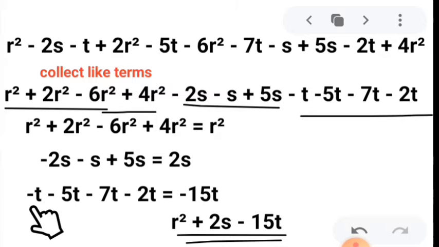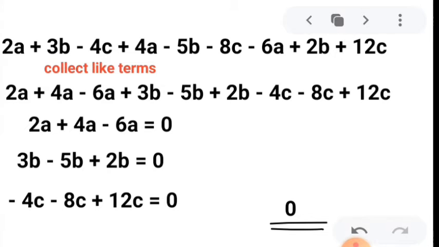So minus t becomes minus 1t, minus 5t, minus 7t, minus 2t, which will give us minus 15t. So our answer becomes r raised to the power 2 plus 2s. There is no sign in front of 2s, so it means it is positive, plus 2s minus 15t. So that is the answer.